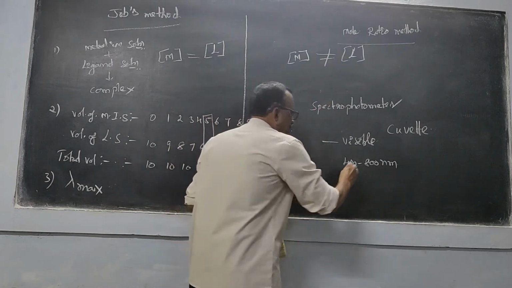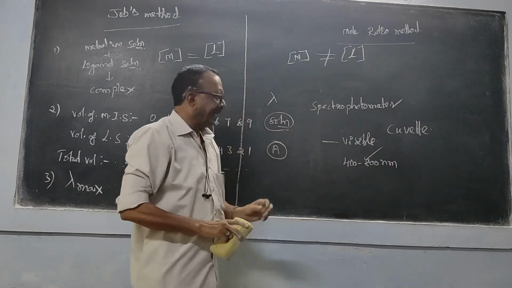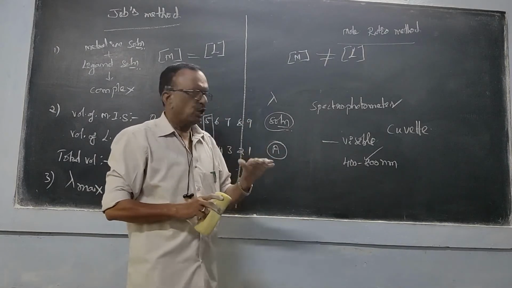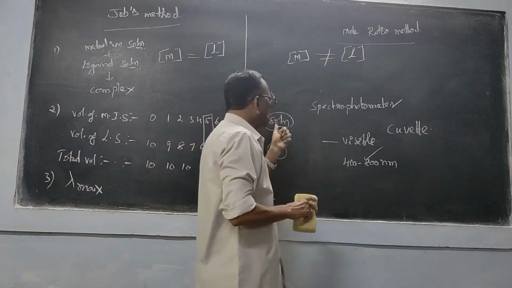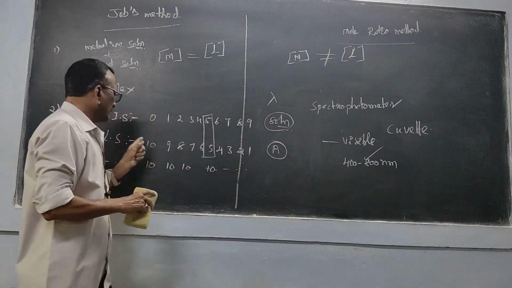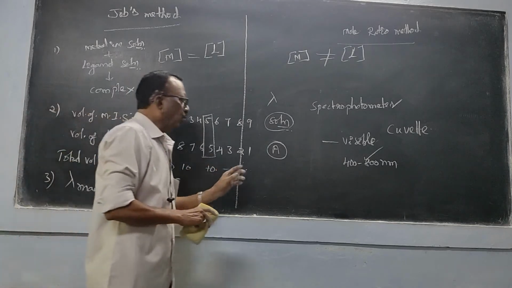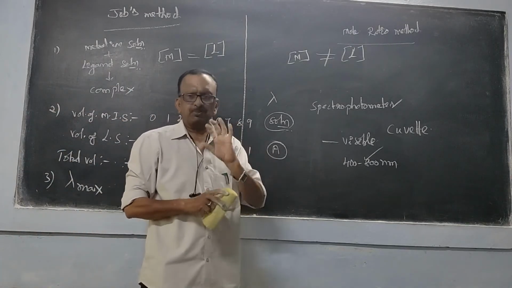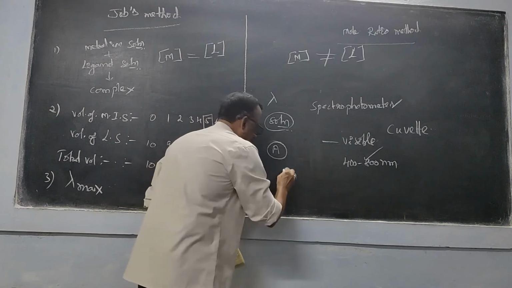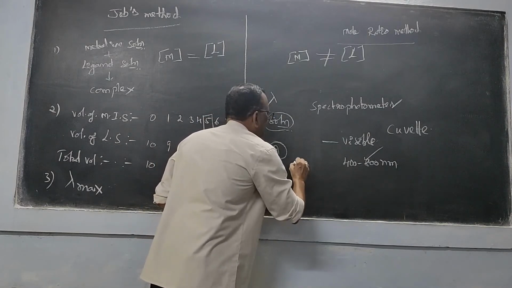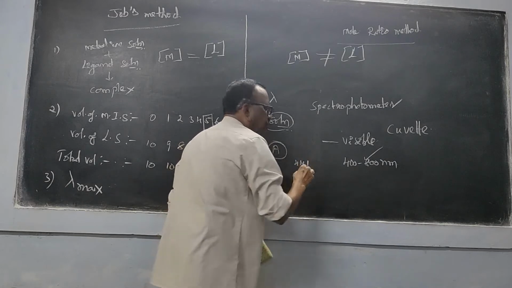Now, first allow light of 800 nanometer wavelength to fall on this particular solution. Now find out its absorbance. Say, for example, we got some value like 441.